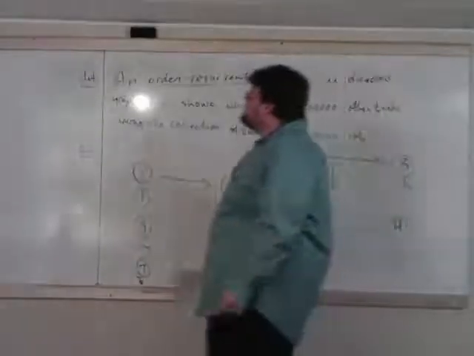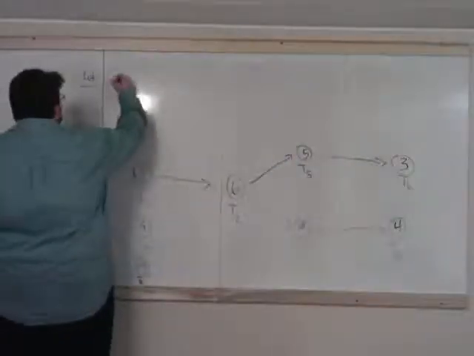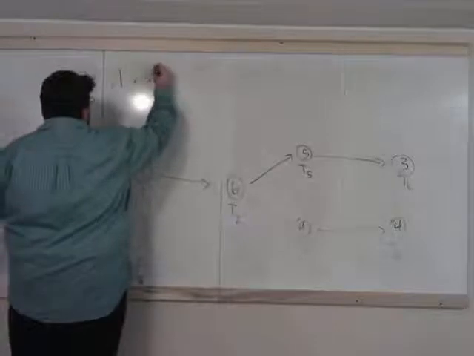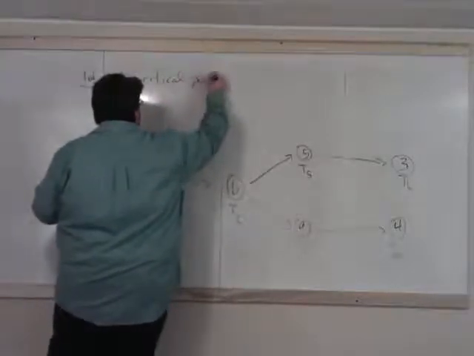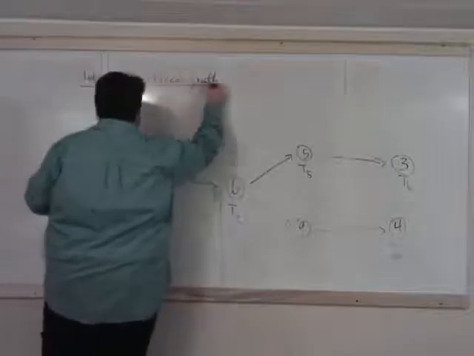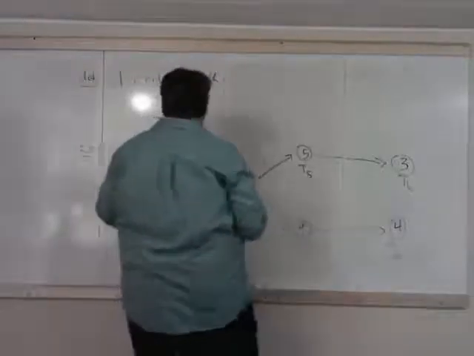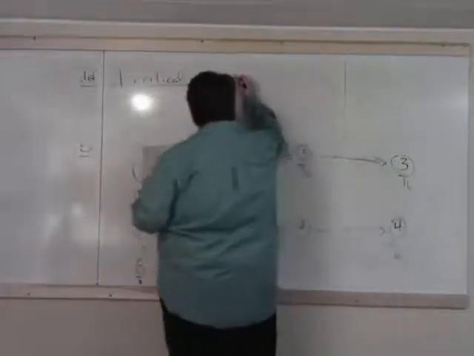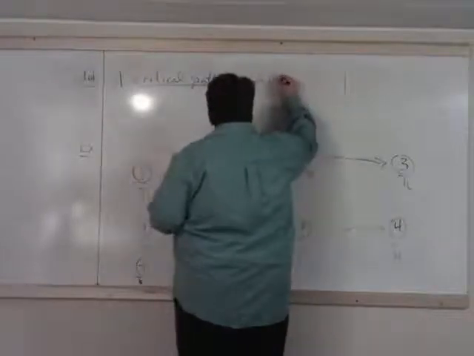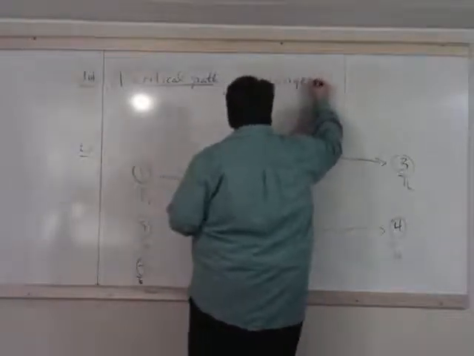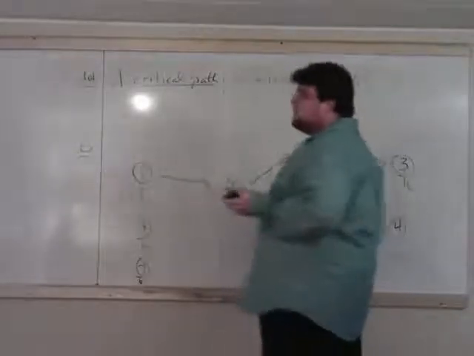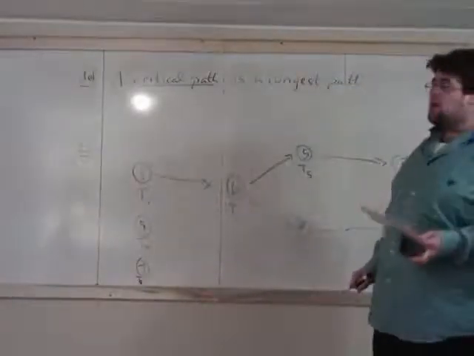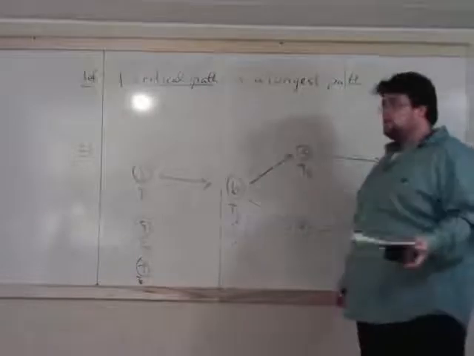Well, that's great. What can we do with this? So a critical path in an order requirement graph is a longest path. In the other examples we've been doing, we've been trying to minimize time. Here we're not trying to maximize time.